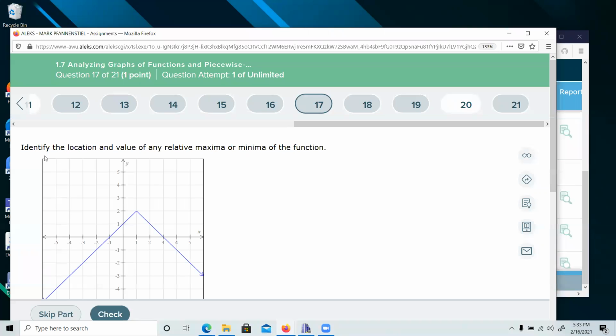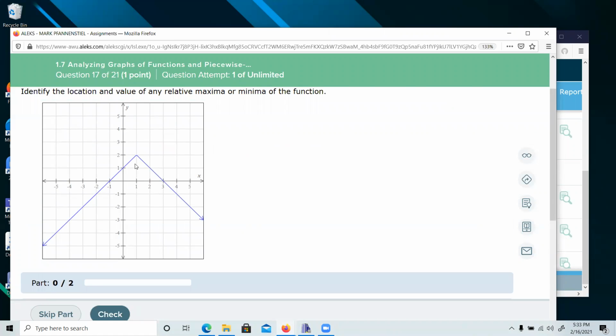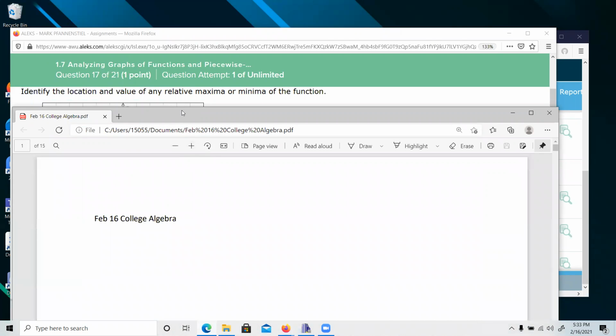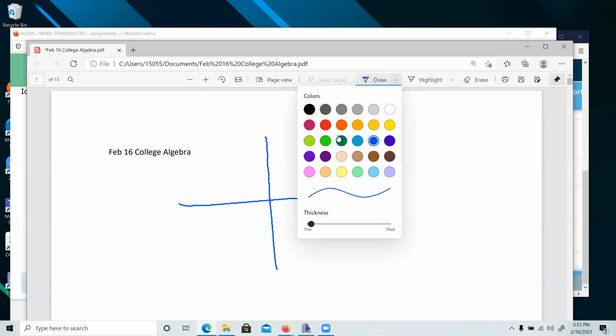here's the idea. It says, identify the location and value of any relative maxima or minima of the function. And all they're trying to say is, well, let me draw you a picture, because it's a little bit more complicated than they're going to make it seem. So if we have a graph, and we have some kind of a function on this graph.